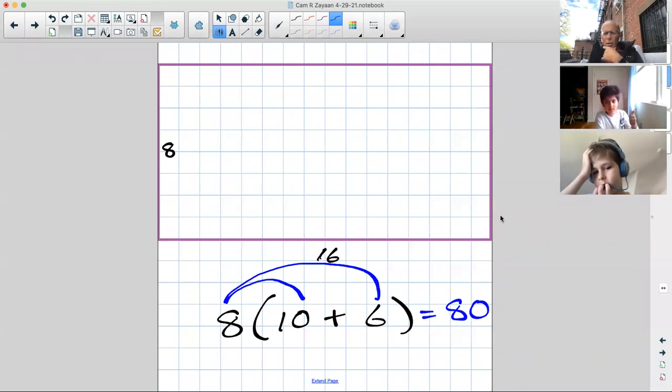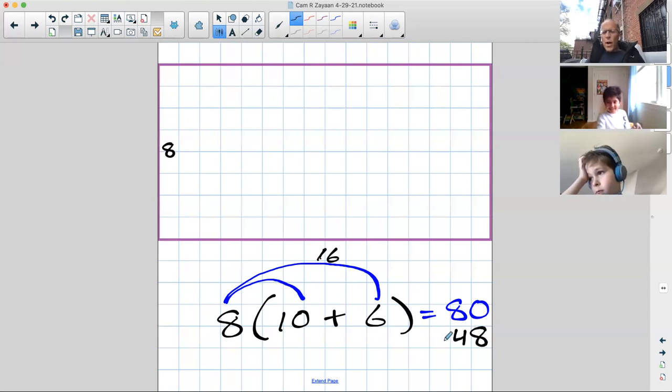Okay. Yes. Go for it. Is it 42? That is 7 sixes. That's 7 times 6 is 42. Now, were I counting by? I mean 48. Yes, Cam. I'm so proud of you.